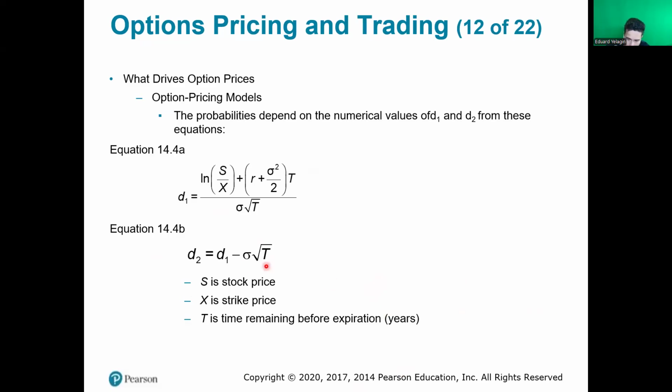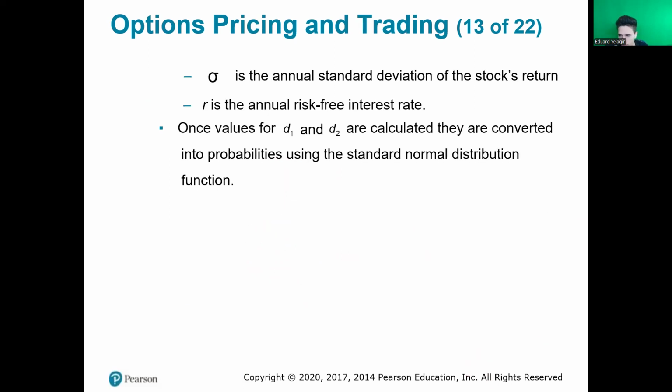It's going to be the standard deviation, because you can see that in the D1 it has this square root, and here also the standard deviation is without any squares, but T is in the square brackets. So usually standard deviation will be a more important factor when we try to estimate the call option value.